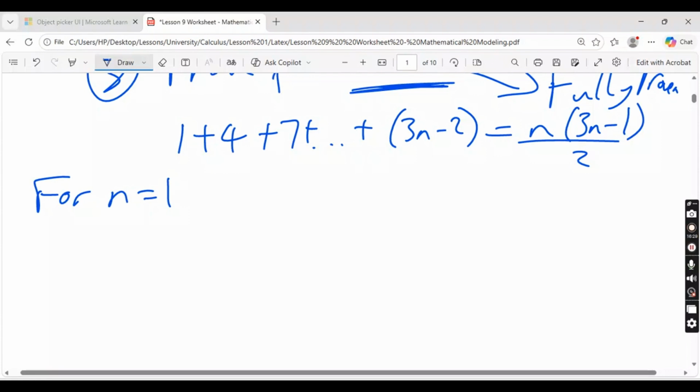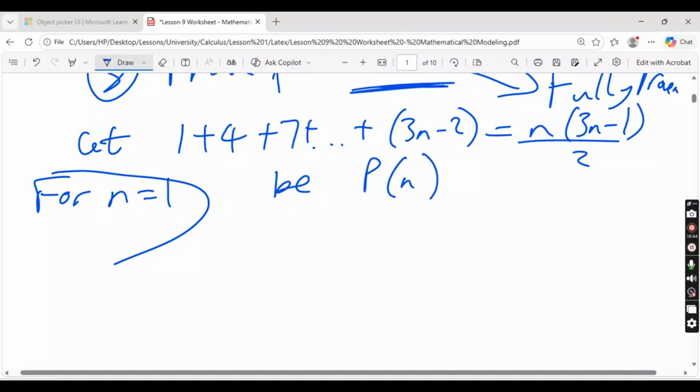Others would literally say, let this whole thing be P of n, so they represent it as a function. Then for n equals 1, they'll just write P1.